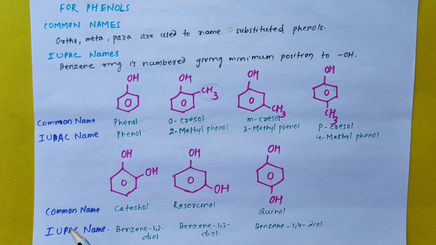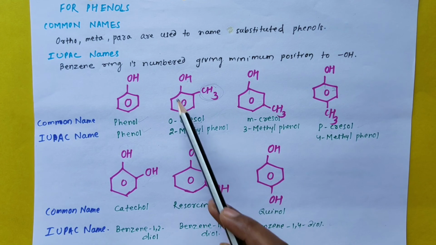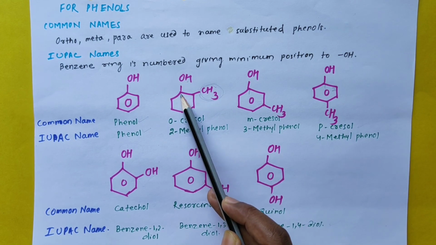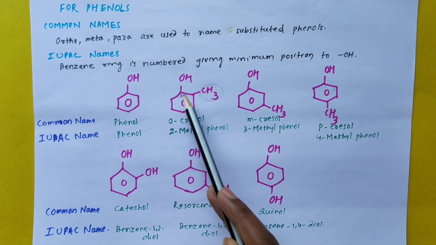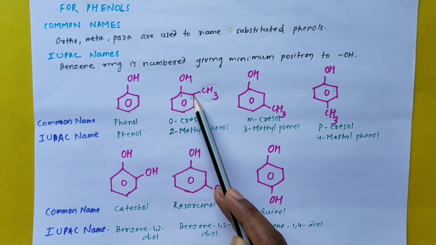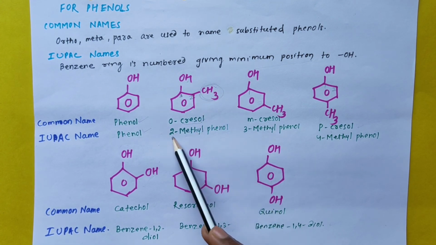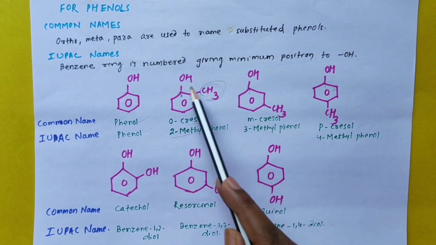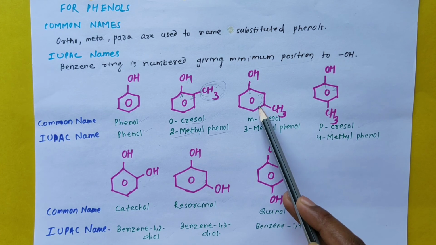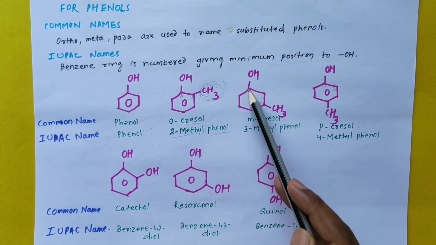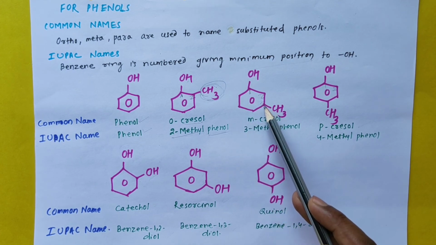Okay. So now we'll discuss about the IUPAC names. You see here, OH is given minimum position as per the rule. So here it is first position, now it is second position. So what is the name? 2-methyl phenol. You see here 1, 2, 3. If you will number from this side, it will get 1, 2, 3, 4, 5. So 3 is minimum.